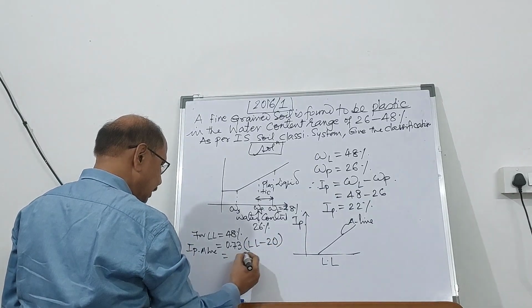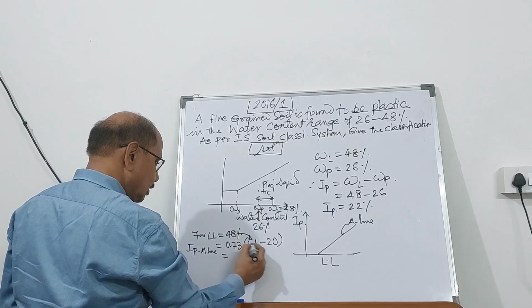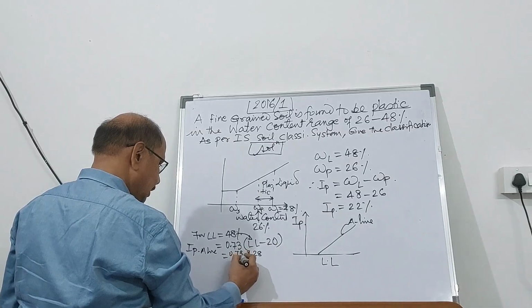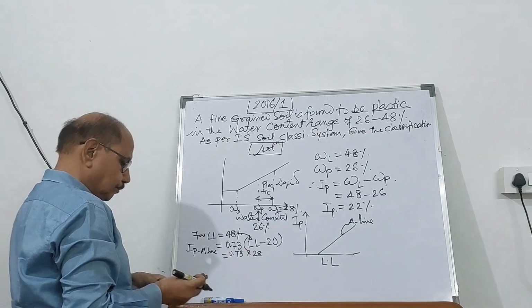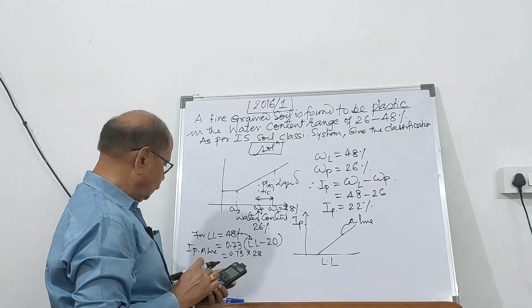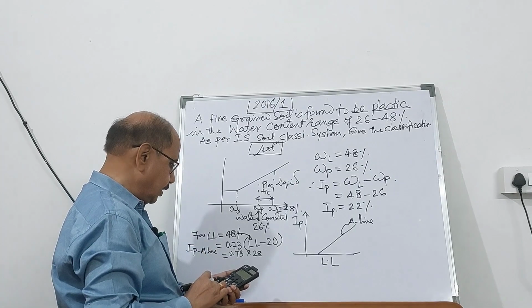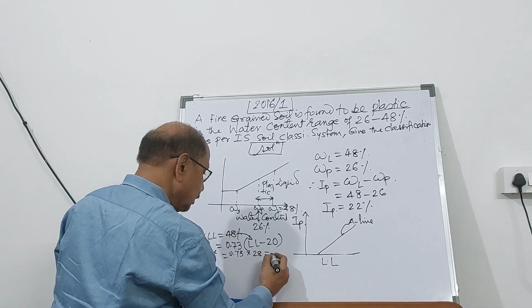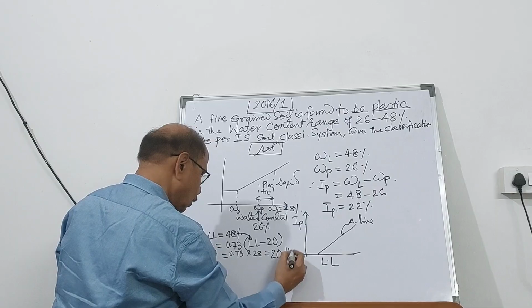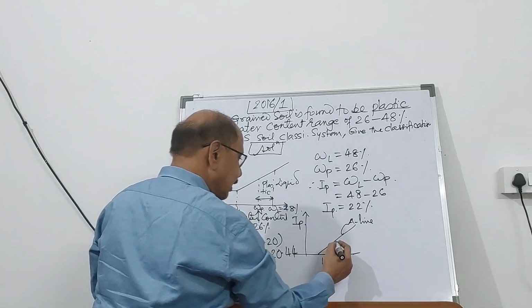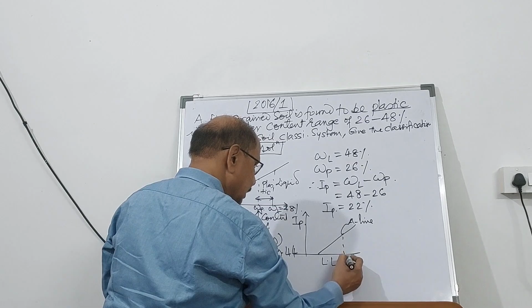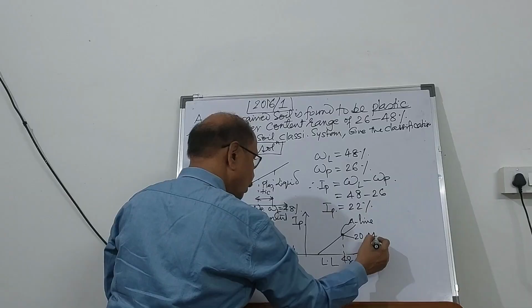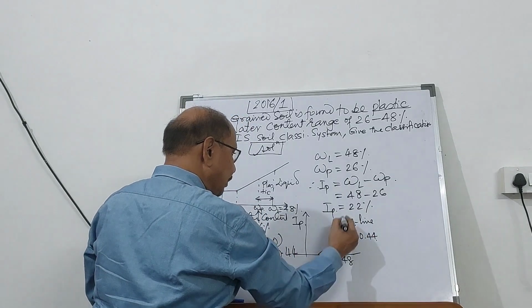LL is already known. So this becomes 48 minus 20, 28 into 0.73. So if you calculate 0.73 into 28, this is 20.44. So IP of A line, when liquid limit is 48, this value is 20.44. But your IP is 22.